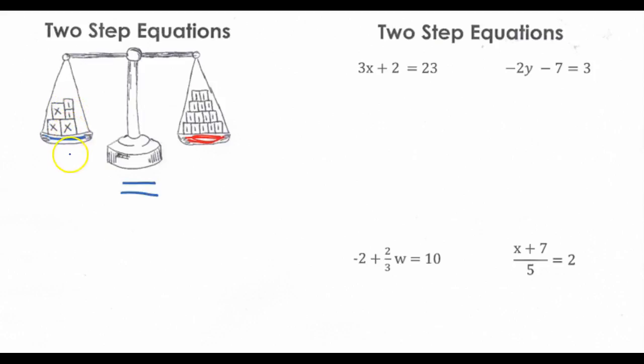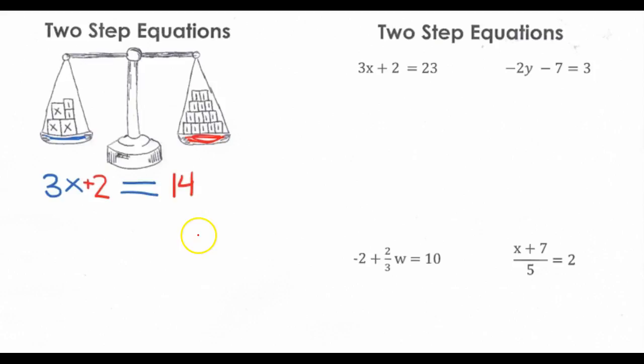Written algebraically, it would be 3x plus 2. On the right hand there are 1, 2, 3, 4, 5, 6, 7, 8, 9, 10, 11, 12, 13, 14. So 3 x's and 2 equals 14.